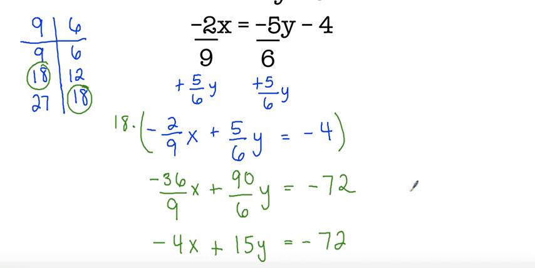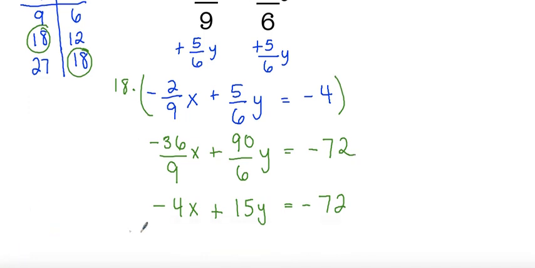The order is correct. I don't have fractions. All I have is integers. However, the only thing that we need to fix is that our leading coefficient here for a is negative. So we do have to make sure that that's positive, and in order to do so, I could either multiply or divide everything by negative 1. So negative 1 times negative 4 is 4.